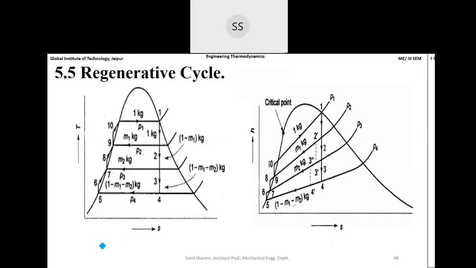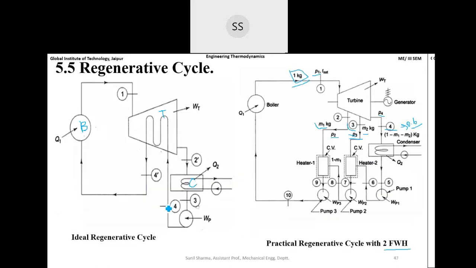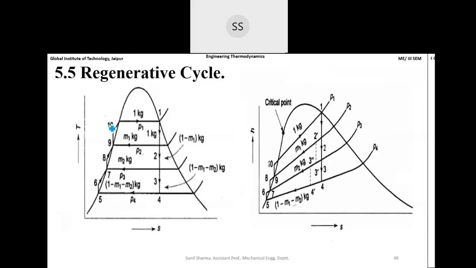If you compare these two with the help of this figure, 1 to 4 is the exact cycle. So first we say what the original cycle is: 1, 4, 5 and 10.